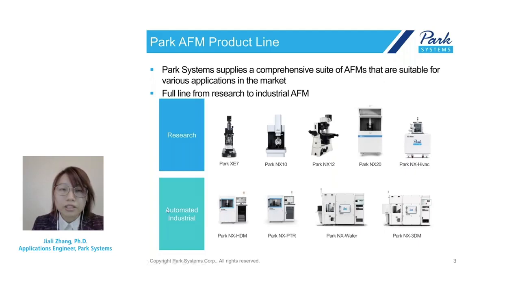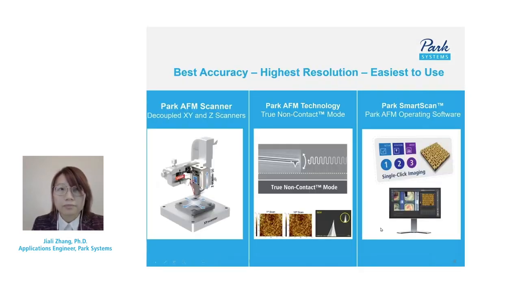We also provide industrial systems from NX HDM to NX 3DM for wafer characterization purposes. In general, our AFM technology offers the best accuracy, the highest resolution, and it is the easiest to use on the market.